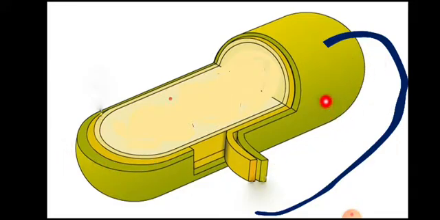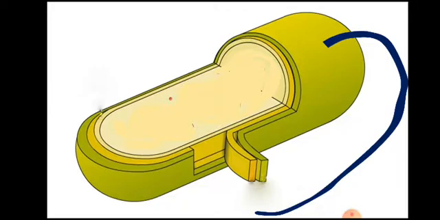That means the whole body of this bacterium is surrounded by flagella. Sometimes there may be only a single flagellum, sometimes there may be two flagella or more than two flagella at one end. So there are different arrangements, called flagellar arrangements, that we'll study later on in detail.